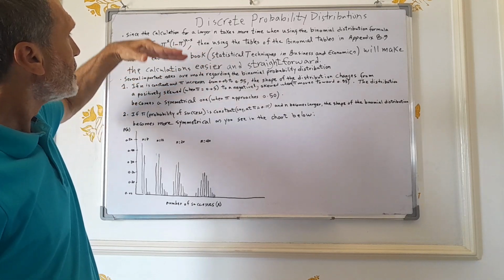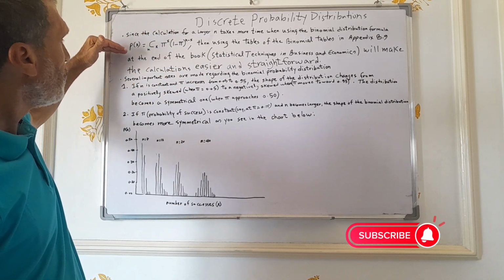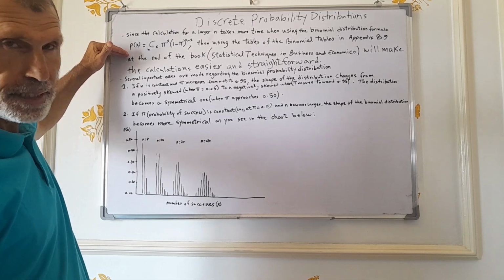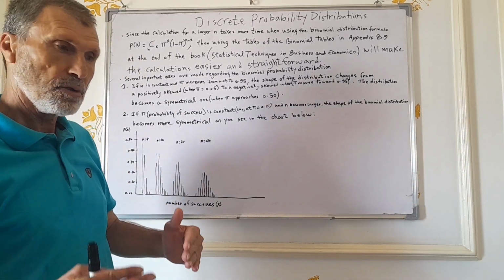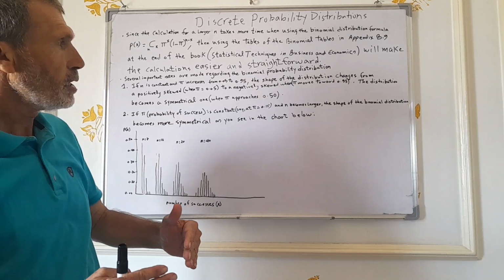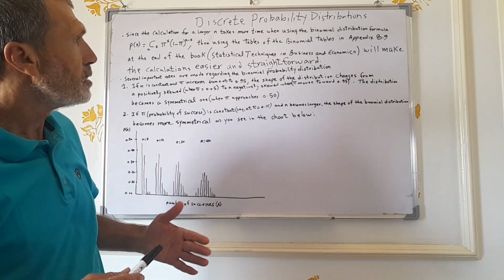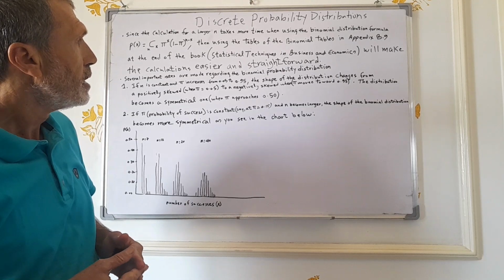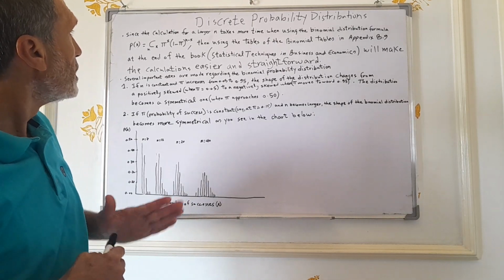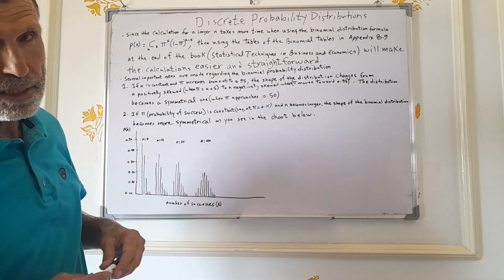So now, instead of using the binomial formula, we can use the tables that we will discuss when we solve some problems that use the binomial formula as well as the tables.